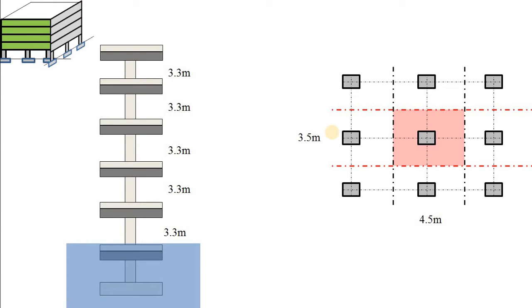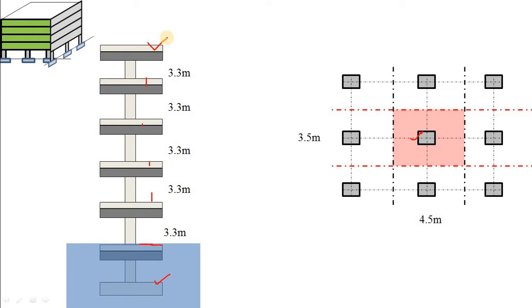So before calculating the load, I will show you how this column looks like in elevation. So in elevation this column looks like this. How? This is the ground floor. Okay, this is the foundation which I have to design. This is the first floor, second floor, third floor, fourth floor, and this is the roof.